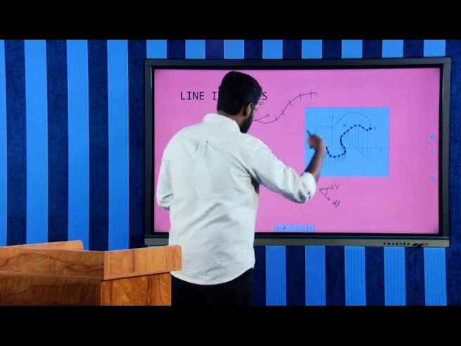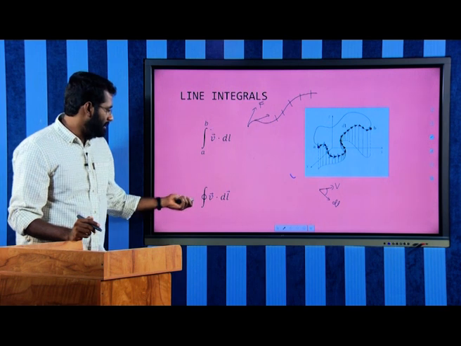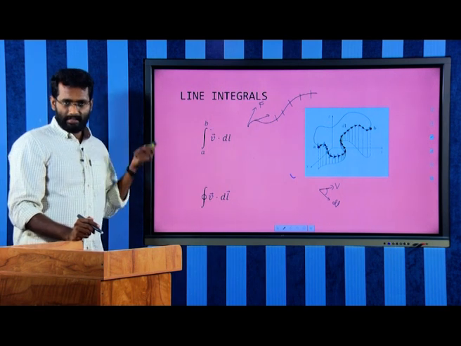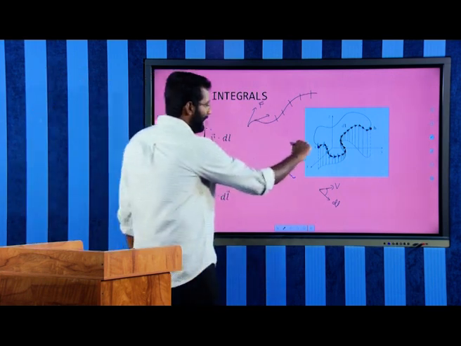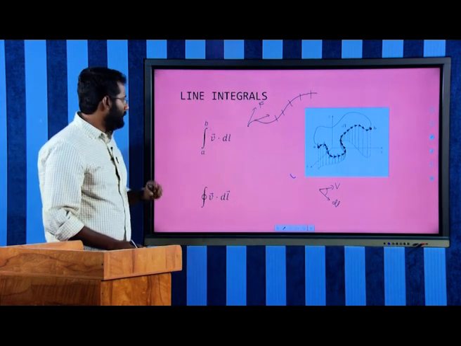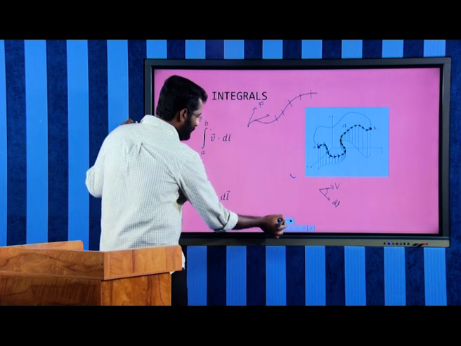This is written as closed integral of v dot dl. Whenever you see this, you have to notice that the starting point and the ending point are the same, or the integral is taken over a closed loop.